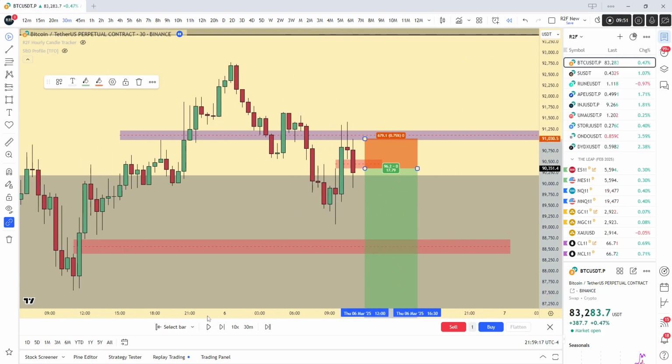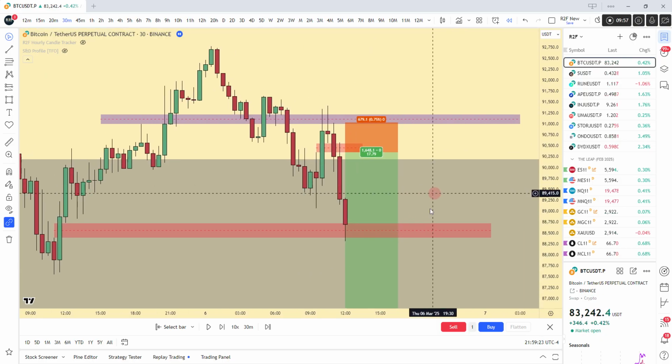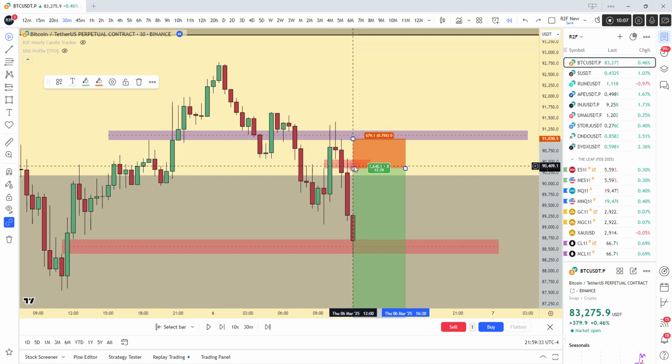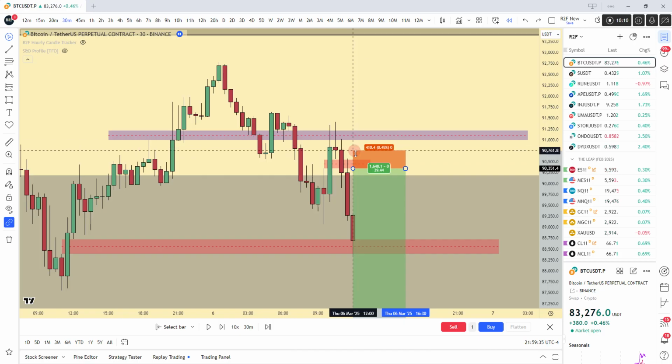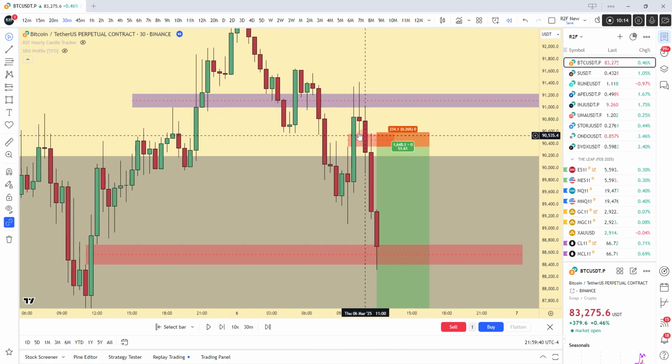So okay, we trade into the gap. Great, perfect. We're down here. At this point, I'd be happy trailing my stop to break even because it's such a move down. Highly unlikely we trade all the way back up here, at the very least to the high of this PD array, which is up there.